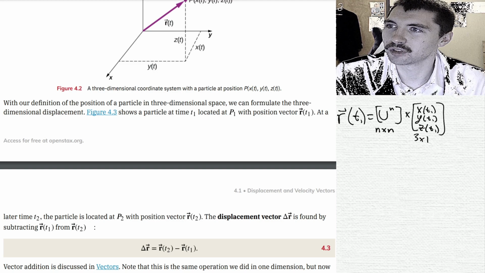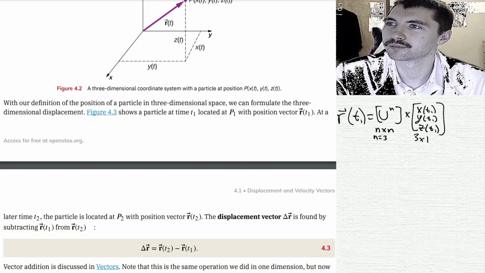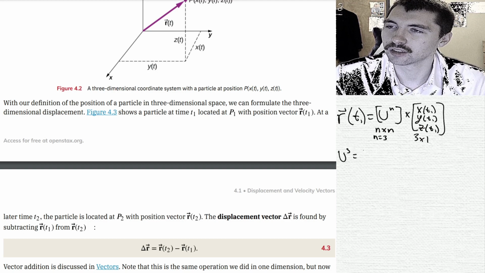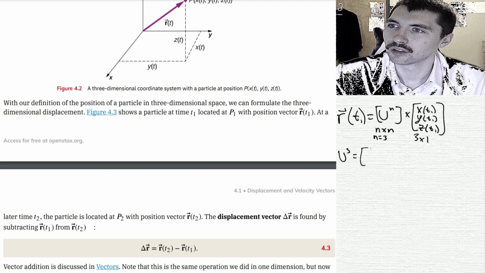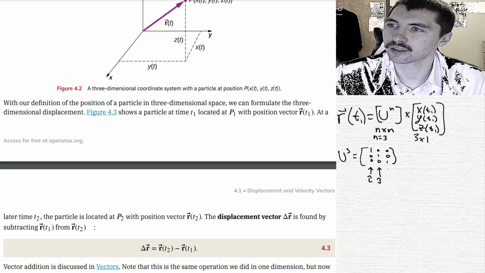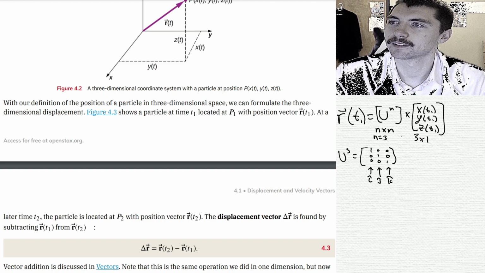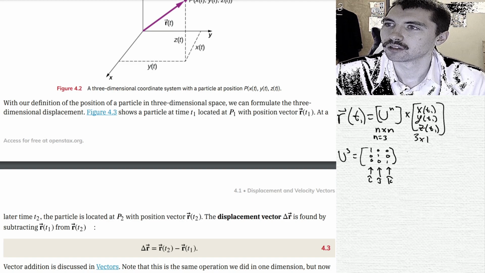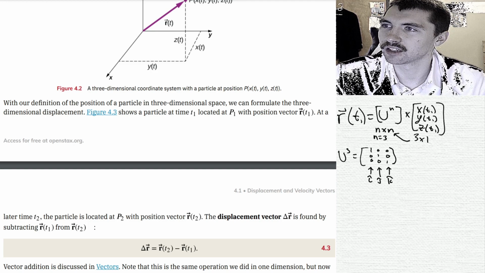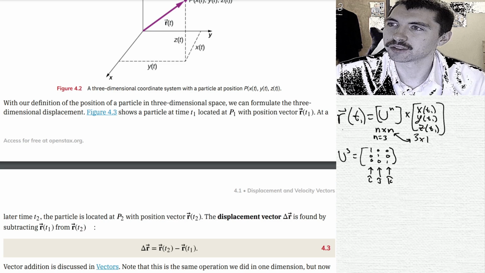So that means this has to be n equals 3. And if you know U3 is 1 0 0, 0 1 0, 0 0 1, where this is your i hat, this is your j hat, this is your k hat. So when you're multiplying two matrices, you need the inside to match.